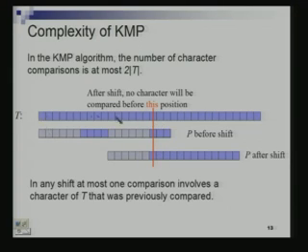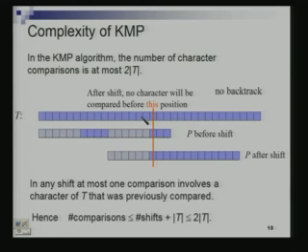So each character of the text which is ever part of a successful comparison is compared only once. There is no backtrack happening. We don't ever go back, right? So the number of successful comparisons is at most the size of the text.